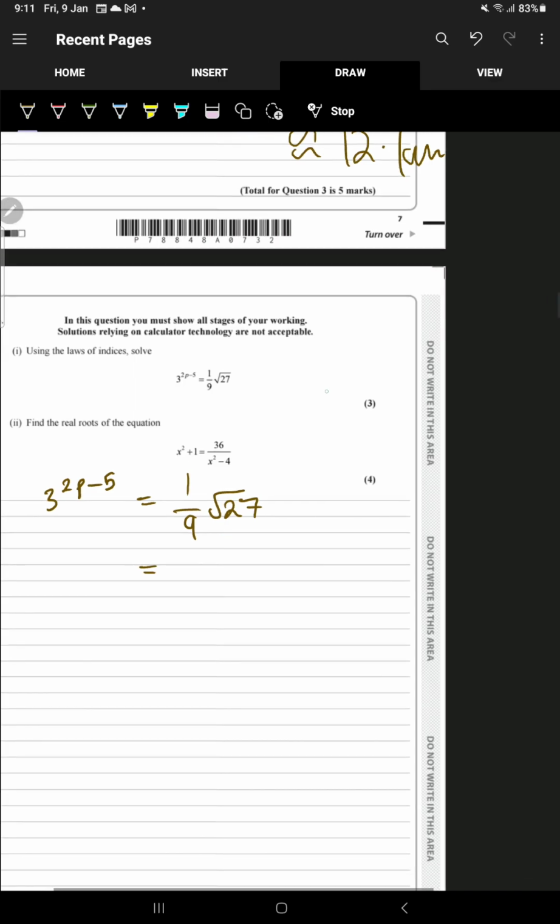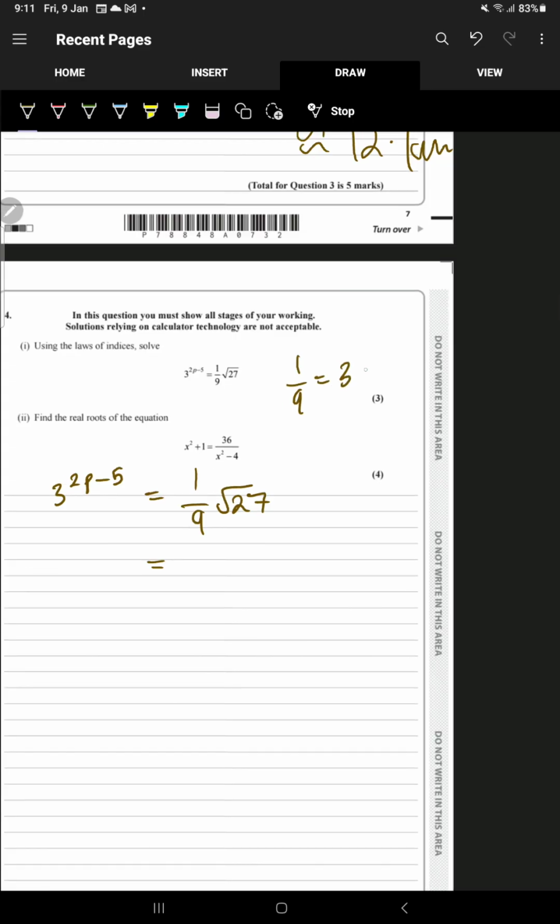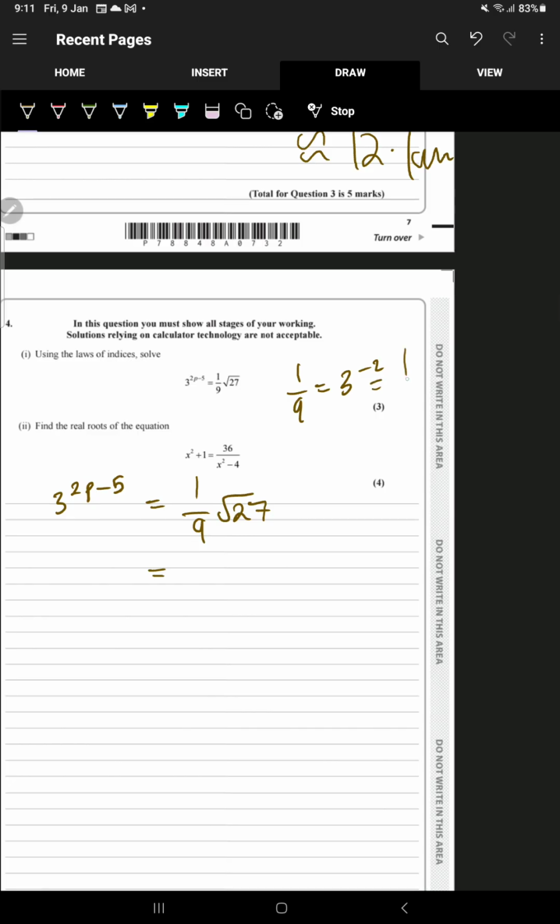Well, you should know that this 1 over 9 can be expressed in this form, 3 to the power of minus 2, because 3 to the power of 2 is 9, and minus 2 means that this is going to be in the denominator. Laws of indices.